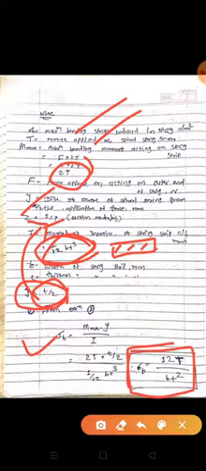Now the strain energy stored in the spiral spring. The equation of the strain energy is U is equal to half T into theta as per Castigliano's theorem, which we already saw in the deflection theory. Now the angular deflection of the spiral spring, that means theta, how to find theta?